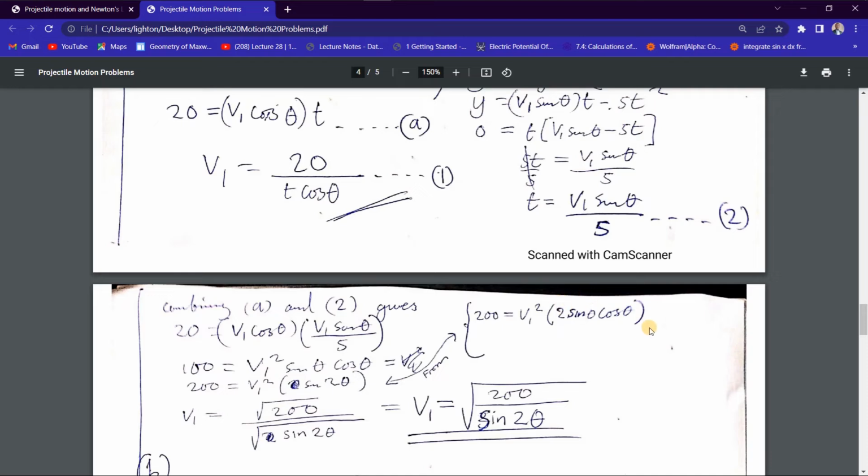Now 2 sine theta cos theta is just an identity, which is sine 2 theta, as it is written here. So here I'm just showing where it is coming from. It is coming from this expression in braces.